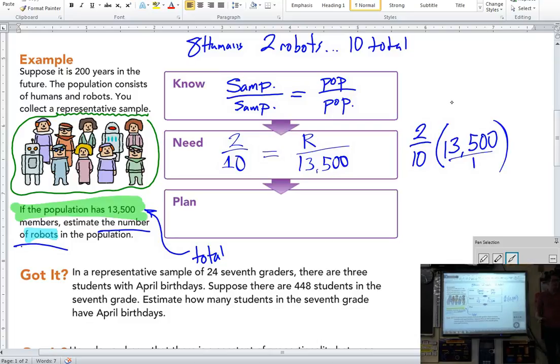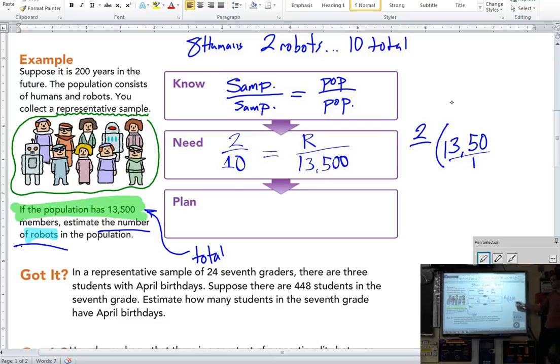Every number that we deal with can be written as a fraction. Because we've not dealt with imaginary numbers or anything like that yet. I can quickly divide by 10. Because if I have a 10 on the denominator, I can divide this by 10 by just chopping off a 0. And then I get rid of that. Now my comma's obviously in the wrong place now. But what I'm really answering is what's 2 times 1350.